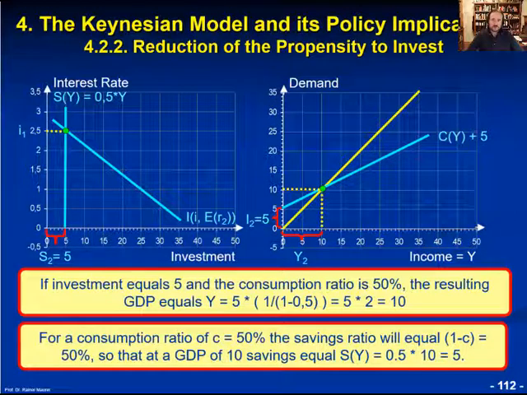So the whole adjustment process ends again in a stable equilibrium with a significantly lower level of GDP. We started with a GDP level of 30, and at the end of this adjustment process, GDP equals 10 units only.